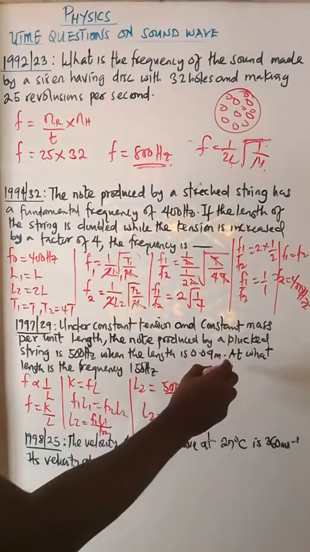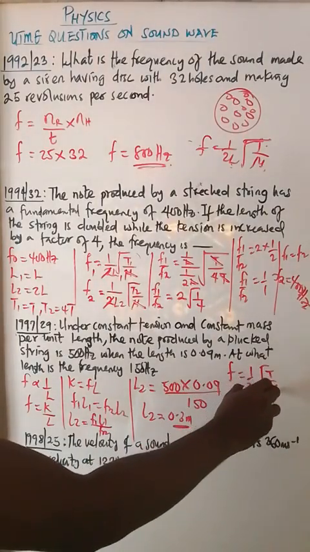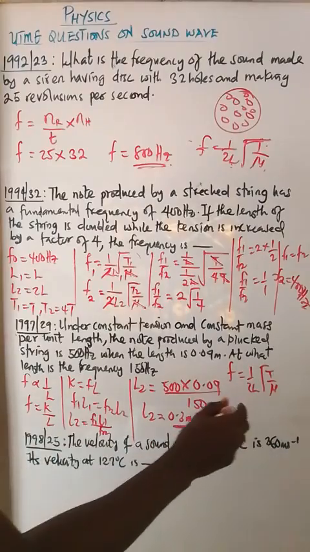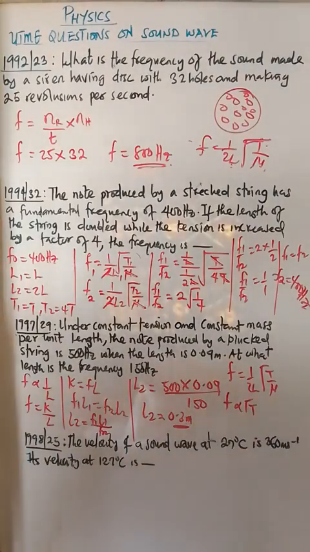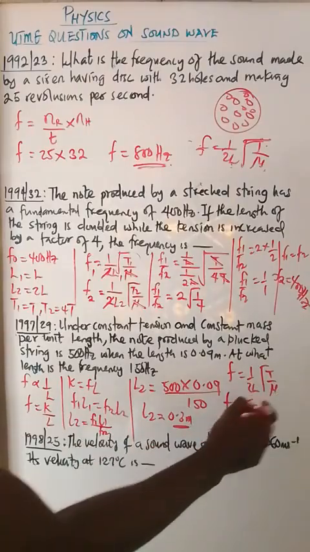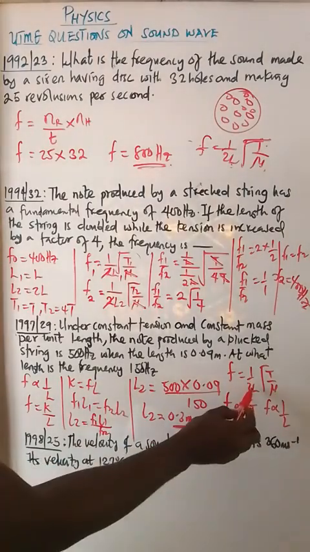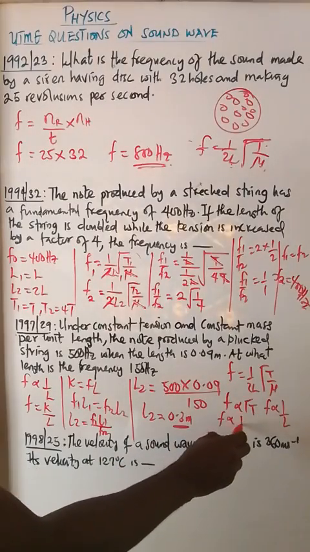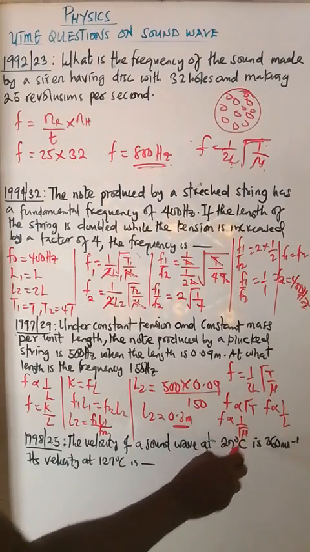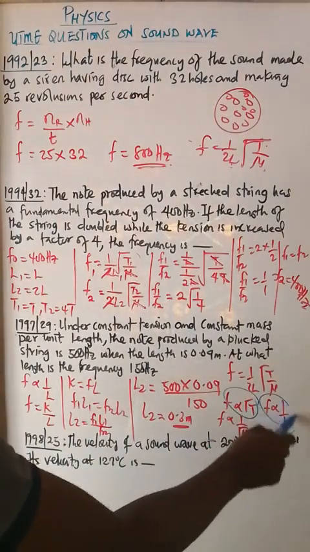So from the formula F equals 1 over 2L root tension over mu, if two of these are kept constant, then frequency relates to tension this way. If tension and mu are fixed, frequency and length are inversely related this way. If length and tension are fixed, frequency and mass per unit length are related this way. So what is constant determines which relation you pick.